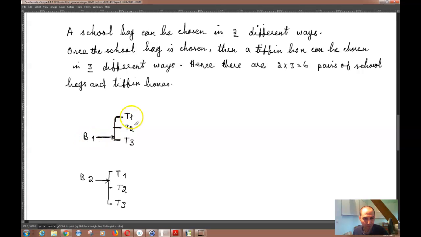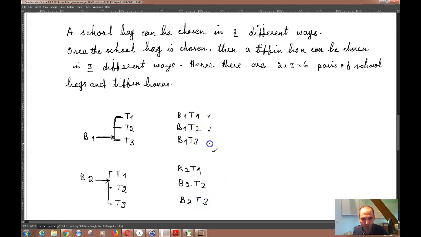So here you would get B1 T1, here B1 T2, here B1 T3, here B2 T1, here B2 T2, and here B2 T3.